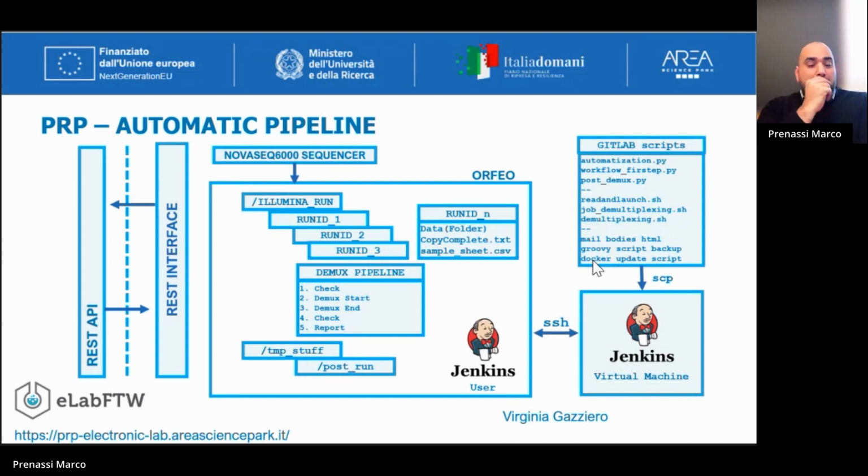launch the multiplexing pipeline. After the multiplexing pipeline has run its course, we see if everything was right in the multiplexing. If something was not right, we get the notification. We modify the files and we run it again.